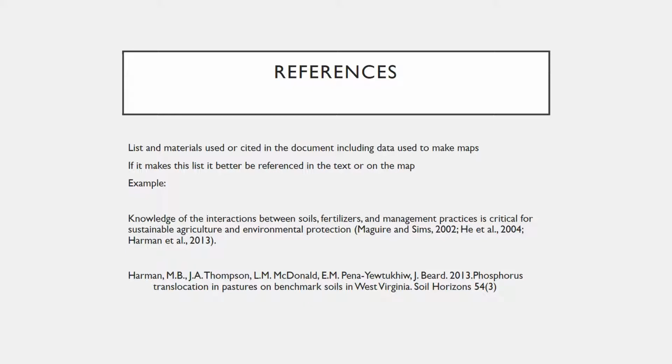So it's Harmon MB, J.A. Thompson, L.M. McDonald, E.W. Pena Yeftukivi, Jared Beard, and then the year of publication, 2013. Then the title, Phosphorus Translocation in Pastures on Benchmark Soils in West Virginia. Then the publication itself, Soil Horizons. And then the volume and issue information. And so it would look very much like this.